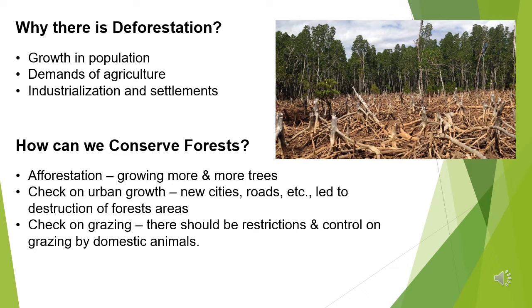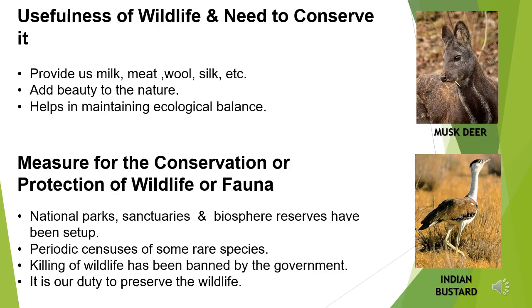Okay, children. Now the next is usefulness of wildlife and need to conserve them. Our wildlife is known as fauna. Forests are known as flora and wildlife is known as fauna.